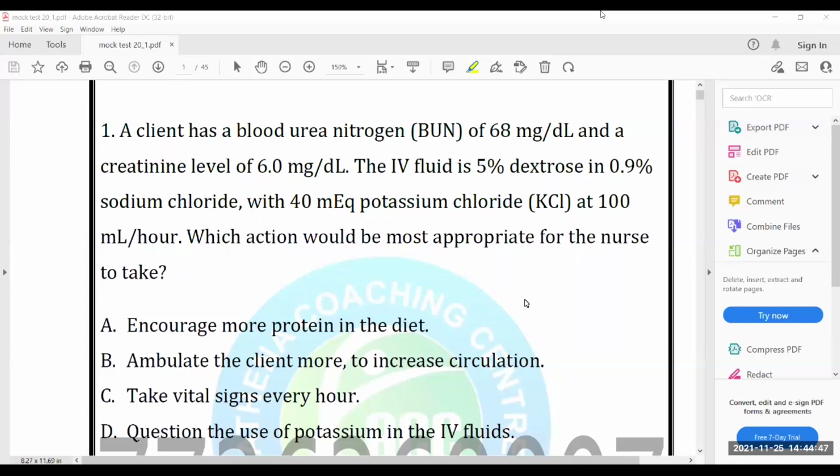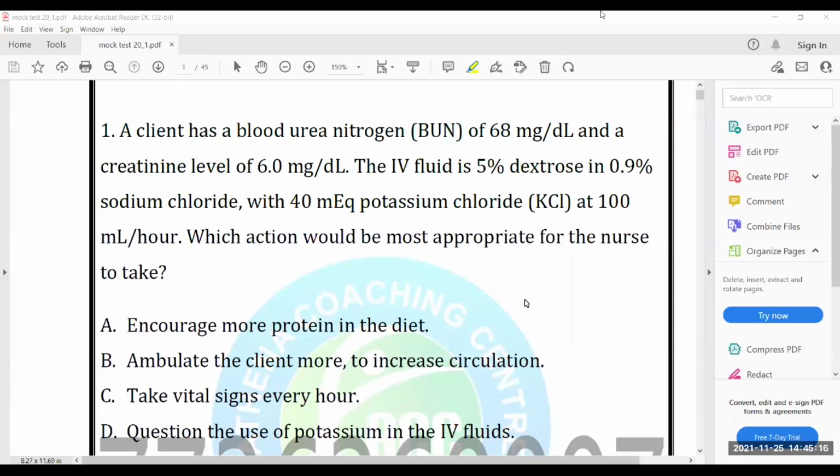The BUN value is 68, creatinine is 6, and DNS with 40 milliequivalent potassium chloride at 100 ml per hour. In 1 hour, the patient is receiving 100 ml of fluid with the potassium. Which action would be most appropriate for the nurse to take?